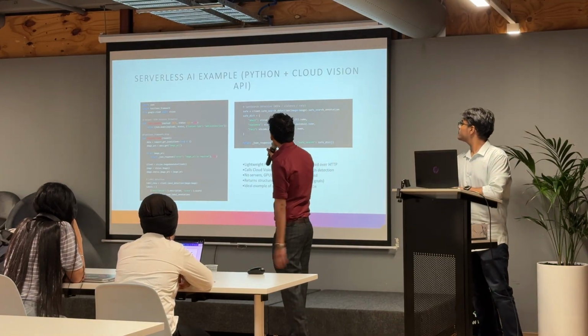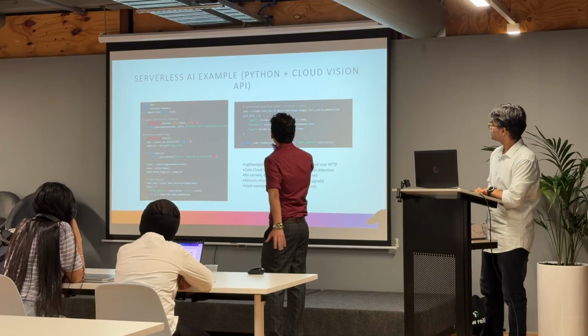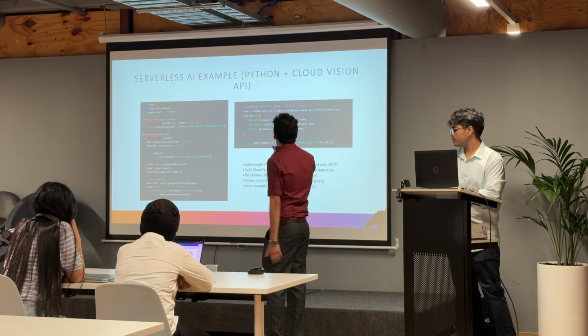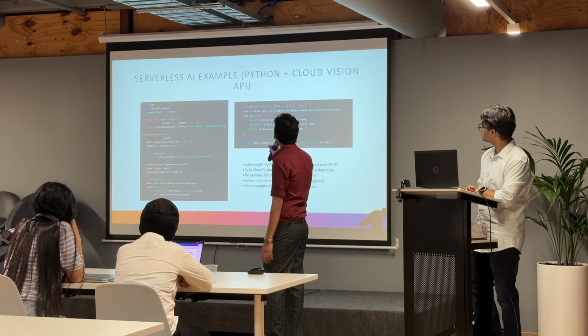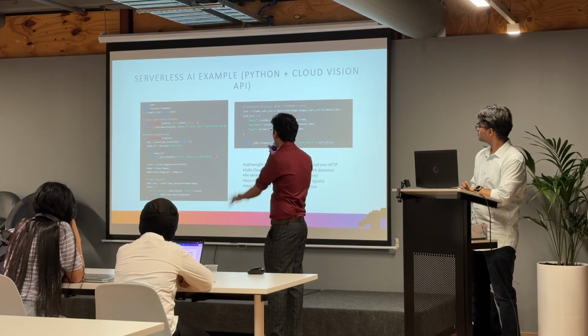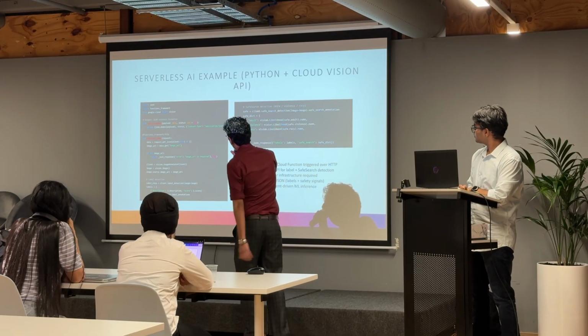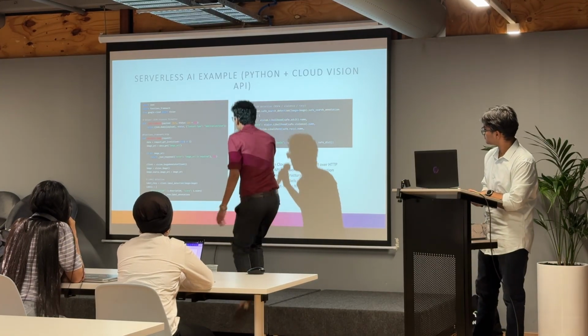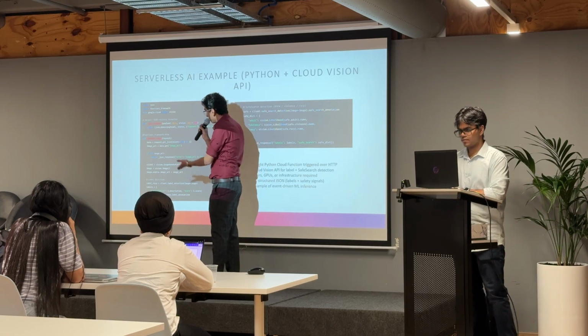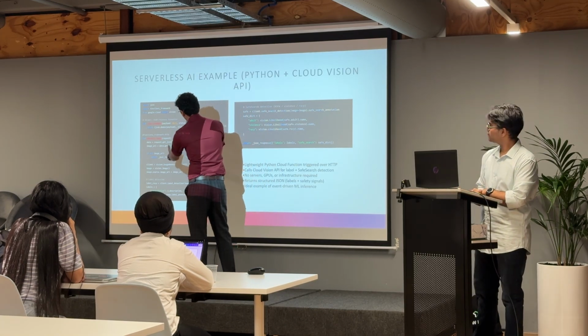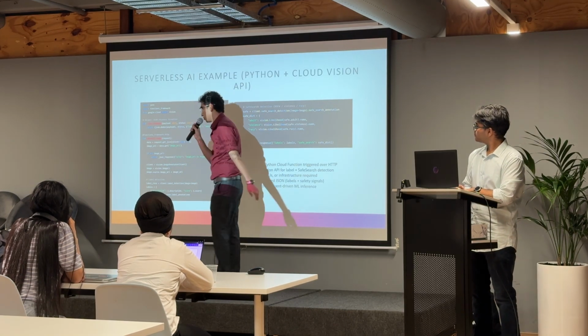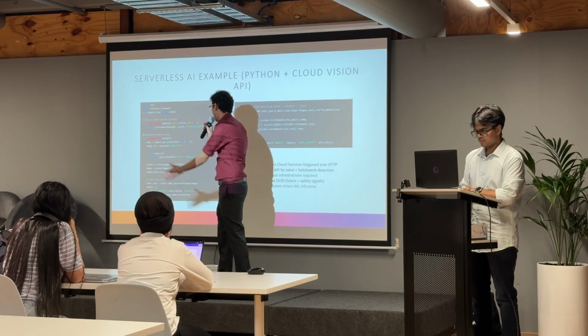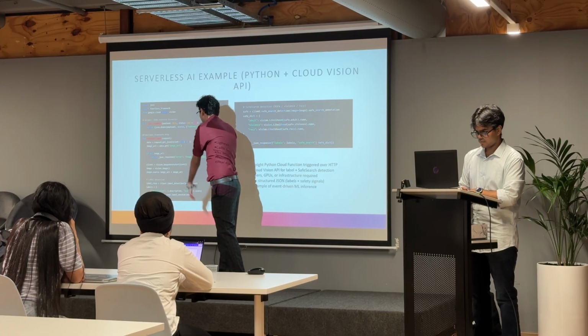So here's some code that we have written as an example for serverless AI. It uses Python as the programming language and the Cloud Vision API. Basically, it uses an HTTP framework to get a request for an image URL, and if it doesn't exist, it sends an error message.